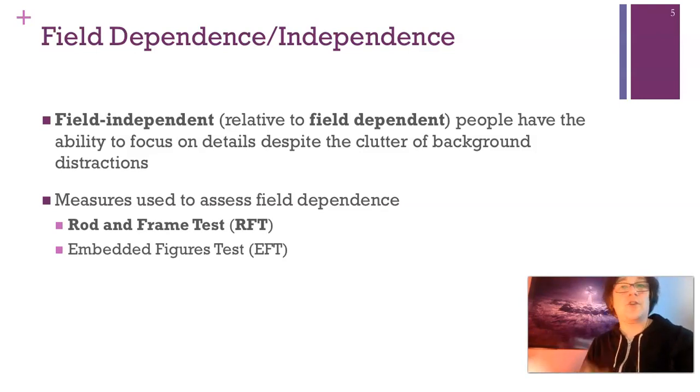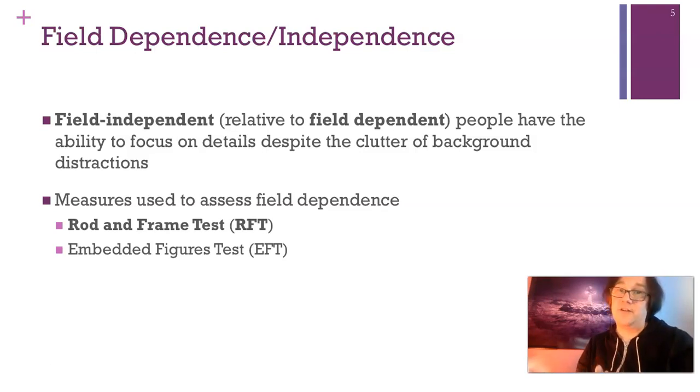The degree of error is the measure used to score the test. Essentially, how well are people able to keep this rod in a vertical position as the frame is changing. The higher the score, the more field dependent the participant is.